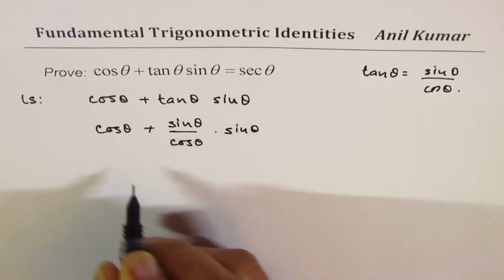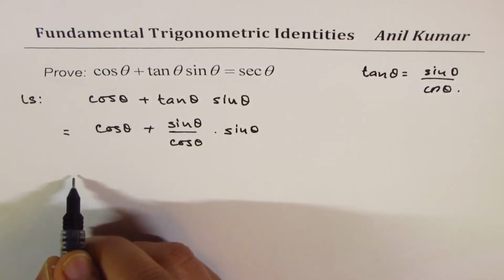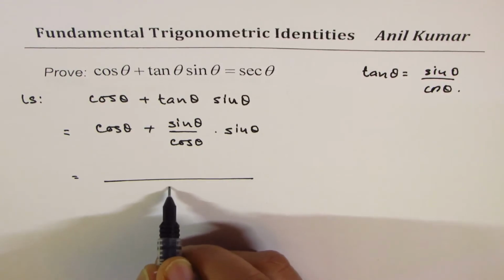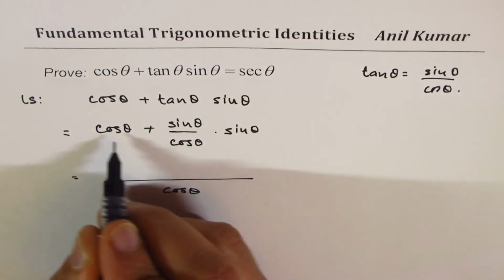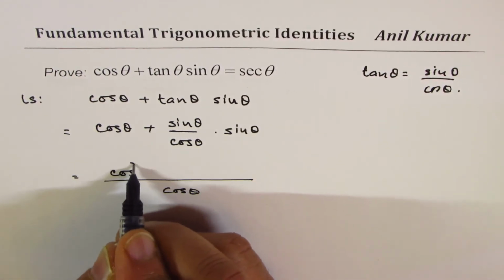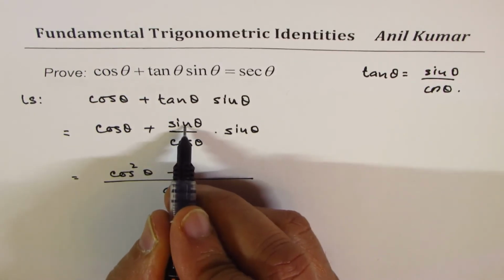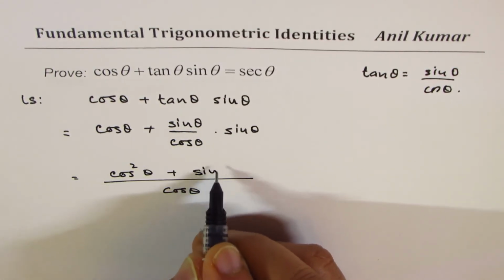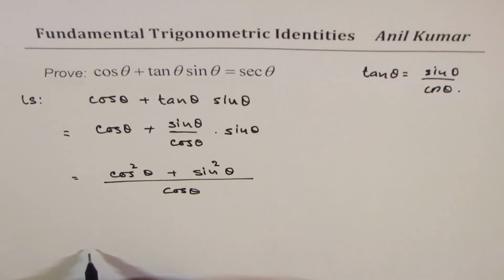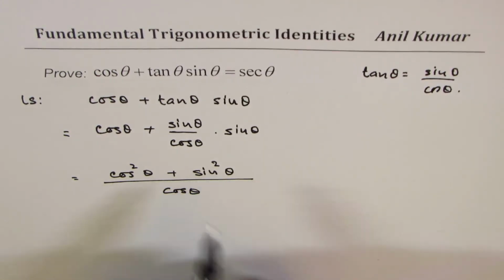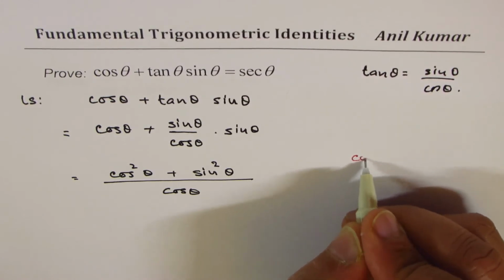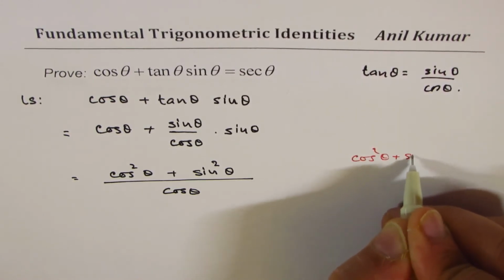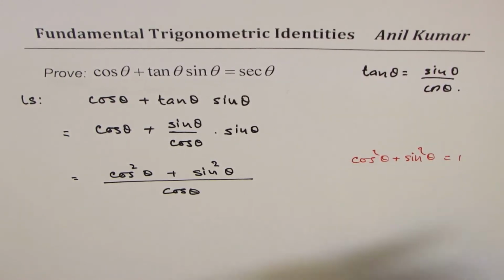And then simplify. So if I take a common denominator, which is cosine theta, I get cos theta times cos theta as cos square theta. Here I have sin theta times sin theta, which is sin square theta, correct? And what is cos square theta plus sin square theta? Pythagorean trigonometric identity, we know cos square theta plus sin square theta is equal to 1.